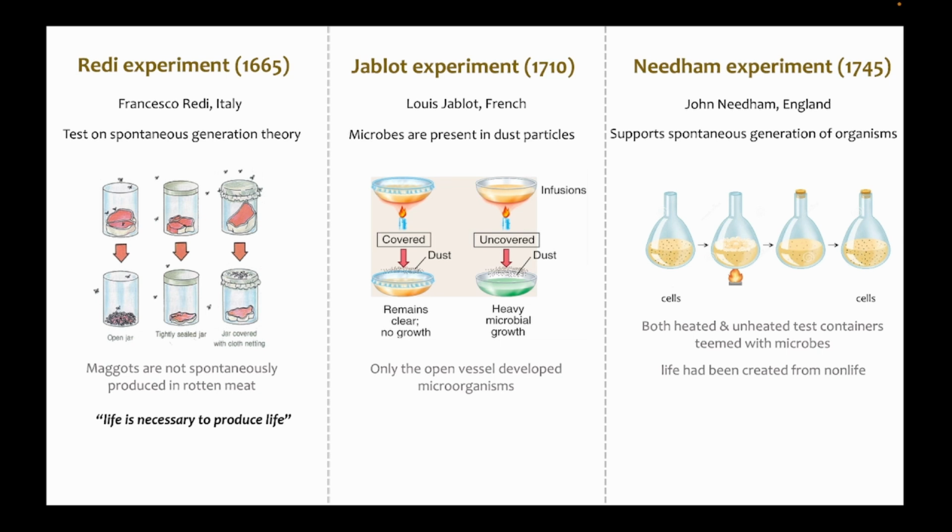So you still have two camps strongly against each other. You see these experiments that say there is no spontaneous generation, but then the experiment was not done convincingly, because they said there wasn't any air.